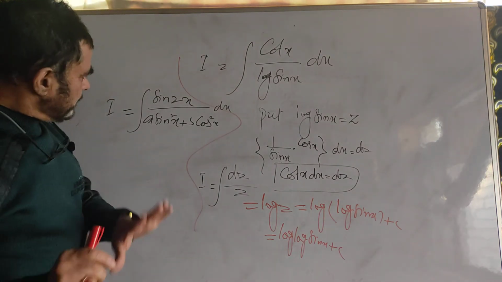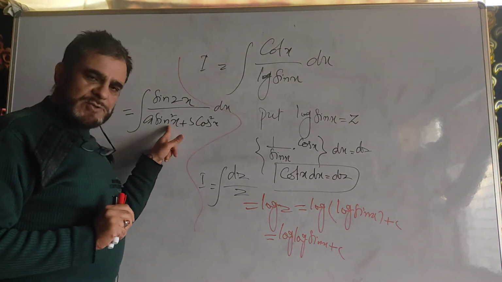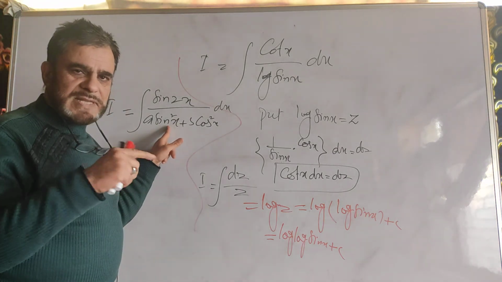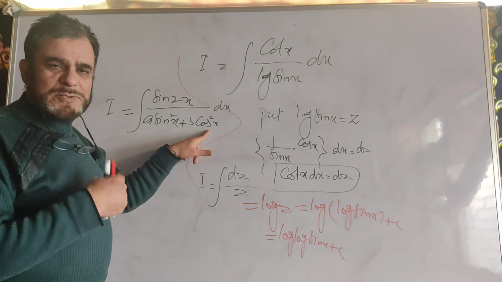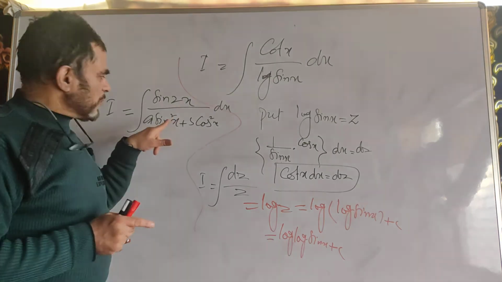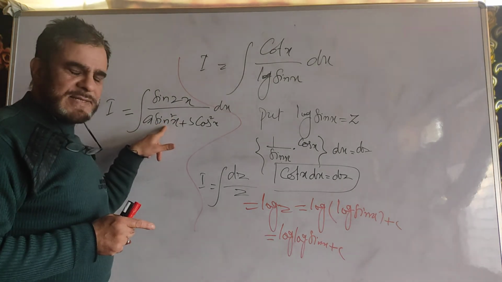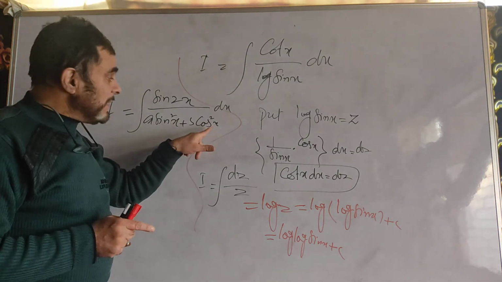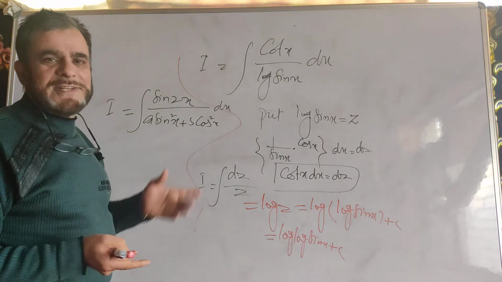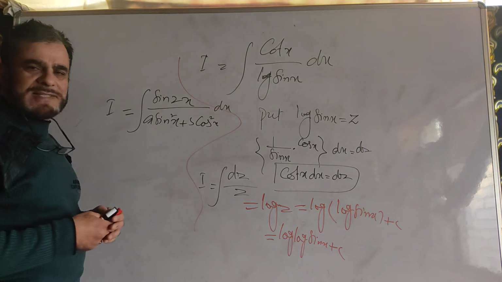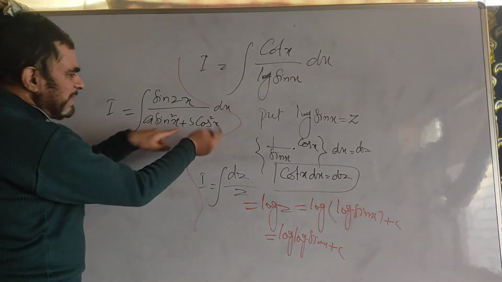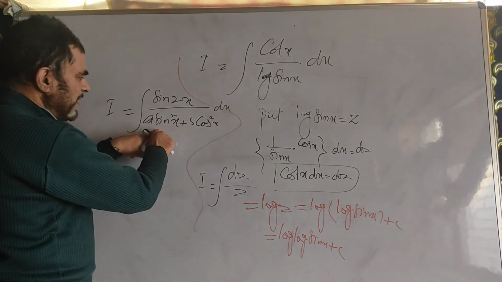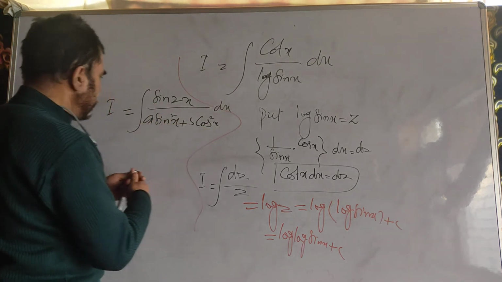When we differentiate sin square x, it is 2 sin x cos x, sin 2x. If we differentiate cos square x, it is 2 cos x times minus sin x. So the derivative of sin square x is sin 2x, and the derivative of cos square x is minus sin 2x. In both cases we get sin 2x, so we have to convert one: either convert cos square into sin square or sin square into cos square.